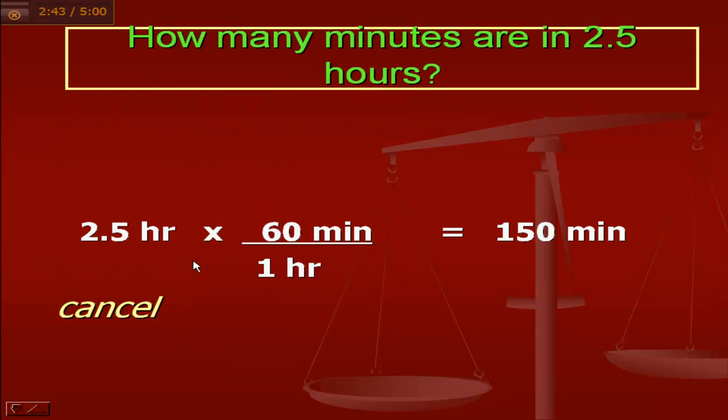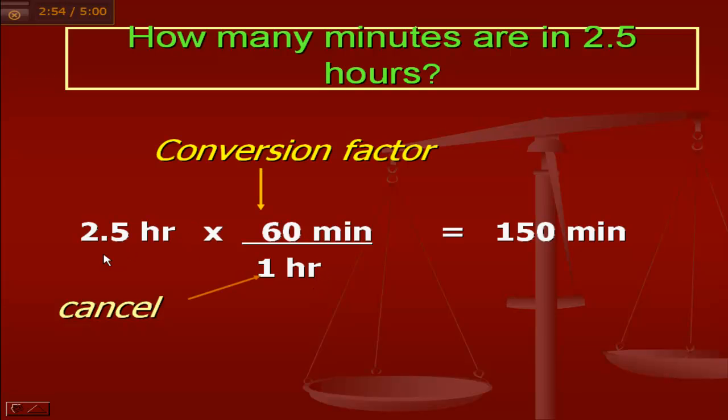So if we start with our given 2.5 hours, then we're going to need to use this particular fraction, 60 minutes over 1 hour, so that the hours cancel. Okay, because this just becomes one big fraction. Because remember, 2.5 over 1, anything can be considered a fraction by putting it over 1.